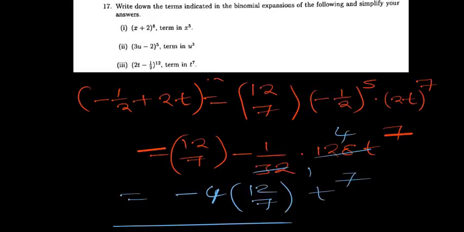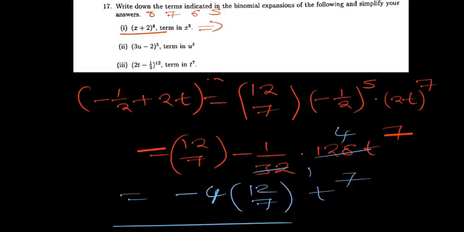I can go back to the first one. If you want to expand it as it is given there, you can. Since you know that x is going to be reducing, you ask yourself, at what term after reducing will it be x to the power 5? You start with 8, so 8, 7, 6, 5.